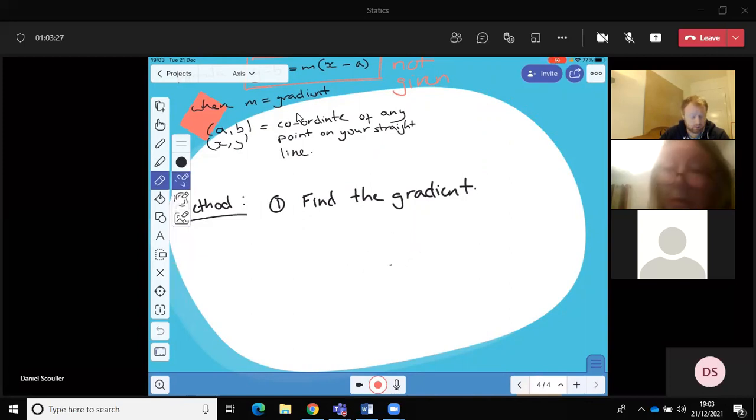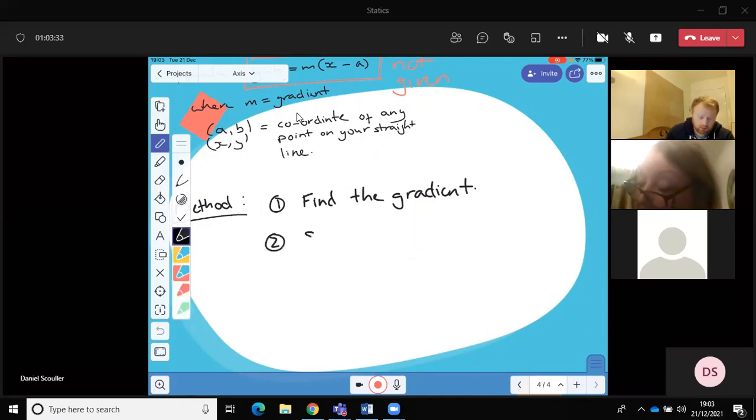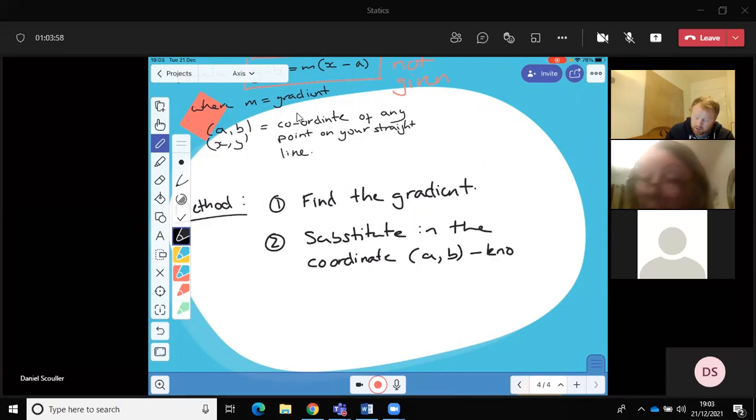Second thing, substituting in the coordinate a, b. That's your known position, into the formula.